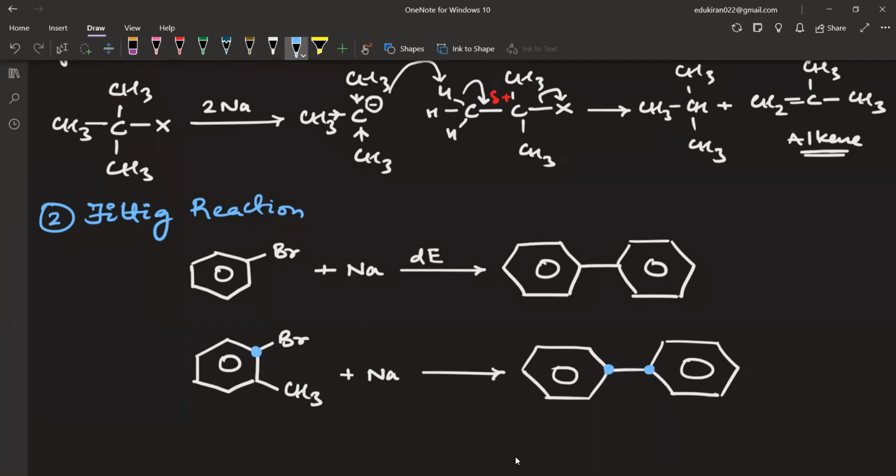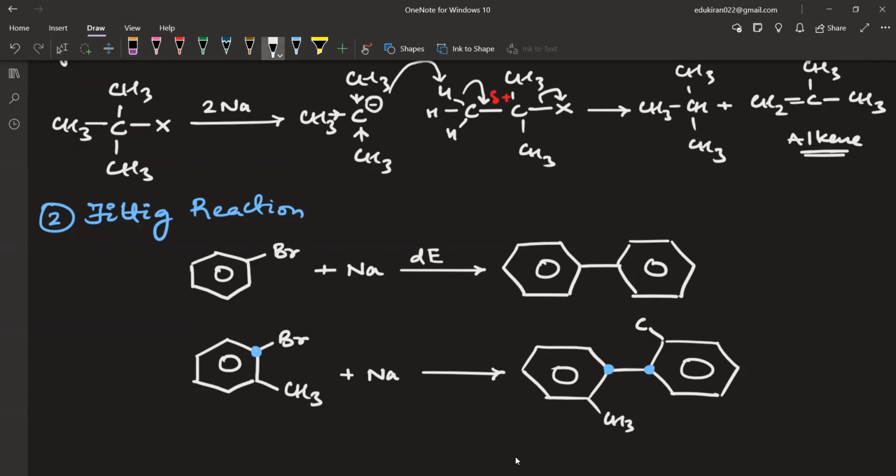Just after, you put CH3 here and here. I mean, you can also put it like this, just one carbon after.